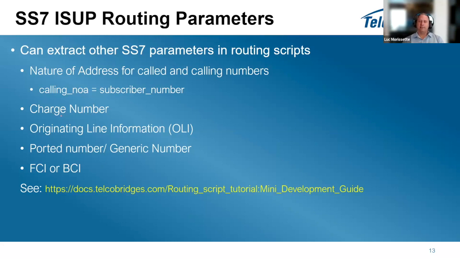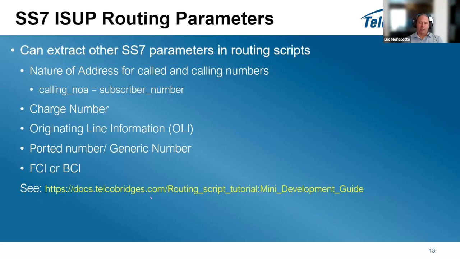Other things that can be taken from the SS7 messages are charge number, originating line information. If the number has been ported, this appears in the SS7 messages or in the generic number. FCI forward or BCI backward call indicator. So there's all kinds of information you can get in there, and you can also modify these parameters to adapt to different SS7 networks.